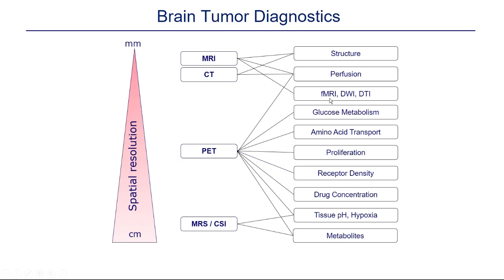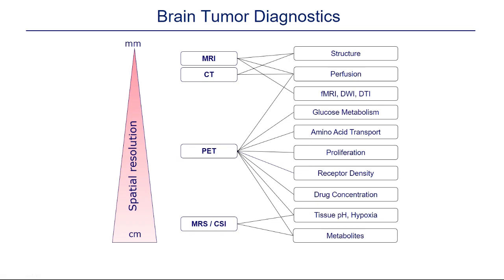MRI is complemented by functional methods like fMRI, diffusion-weighted imaging, and diffusion tensor imaging, while PET allows to image a wide range of metabolic parameters such as glucose metabolism, amino acid transport, proliferation, receptor density, drug concentration or hypoxia, but with a lower spatial resolution of 5 to 10 mm.